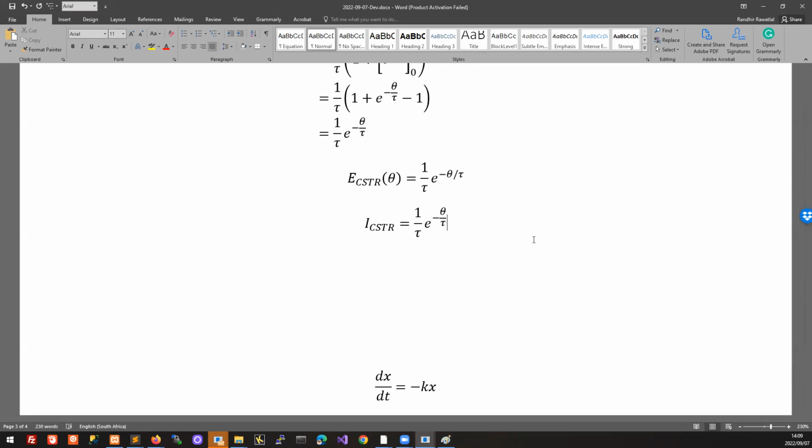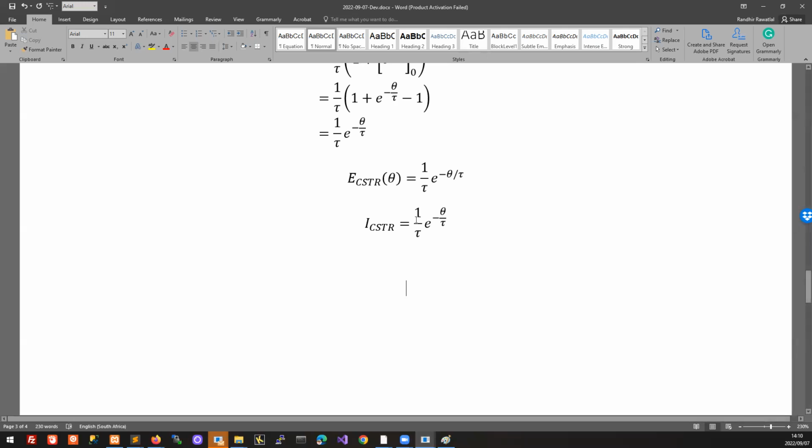Okay, so now let's try to do the same thing for the PFR. And just a reminder, you might be wondering what we are doing here. We started this whole section because we wanted to get away from the ideal cases, to deal with the imperfectly mixed cases where it's not perfectly mixed, or not perfect plug flow or perfect batch.